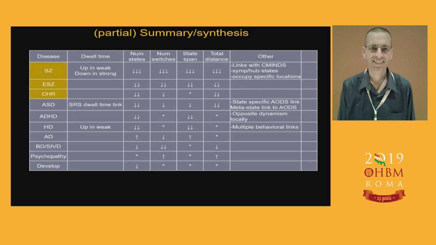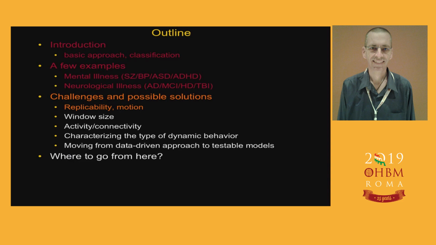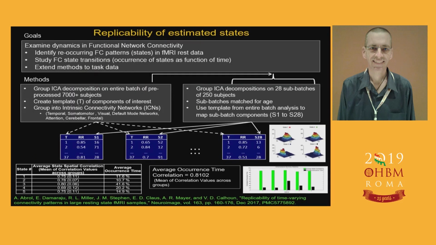In some cases, we have stronger effects and weaker effects. In some cases, we have strong effects across the board. We're seeing some interesting patterns here. We still have a lot of work to do to characterize which of these can be useful long-term as markers of illness.